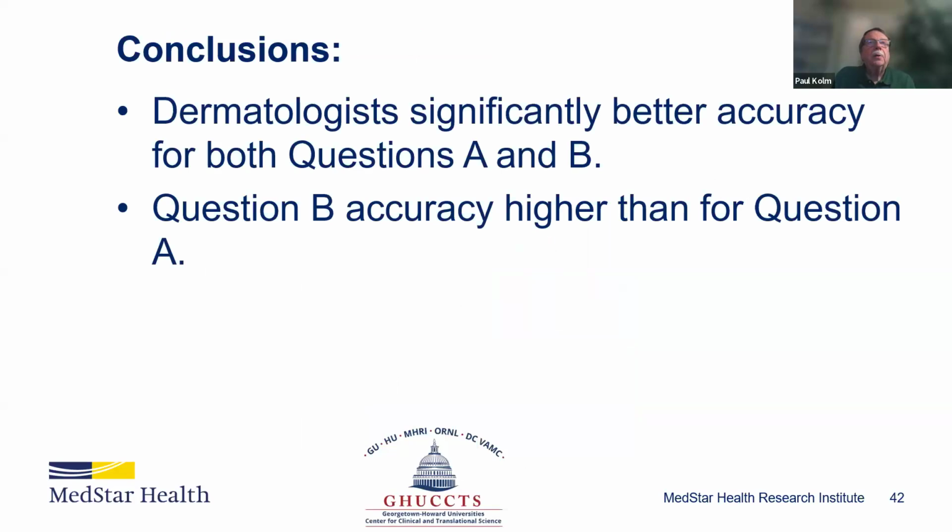So basically what we conclude then is that the dermatologists have significantly better accuracy for both questions A and B, and that the accuracy for question B is higher than for question A, actually for both groups, but more pronounced for the dermatologists.